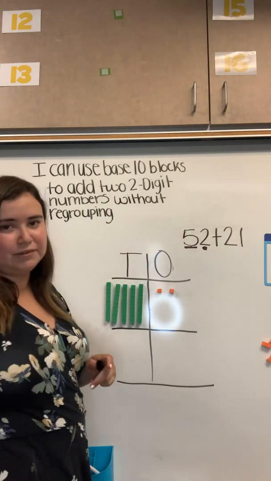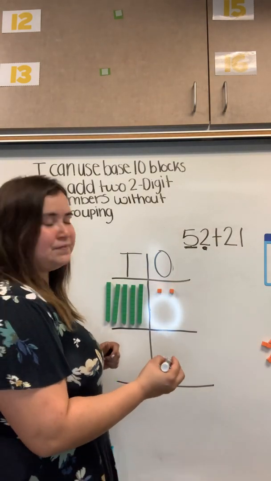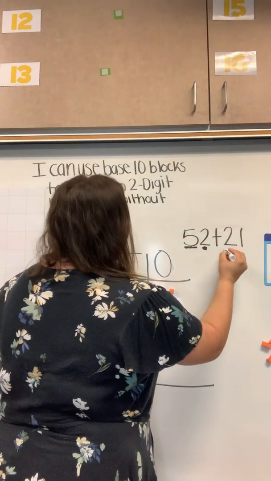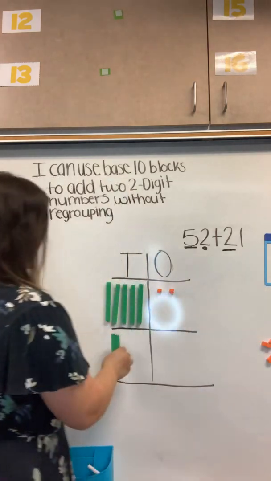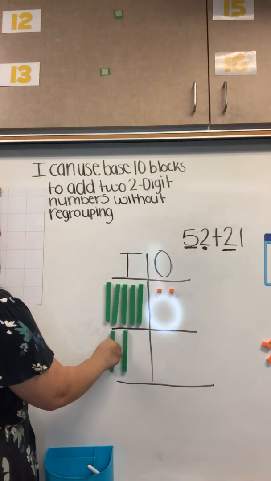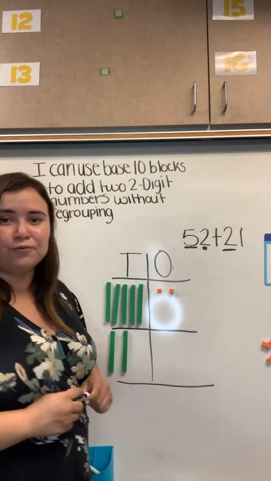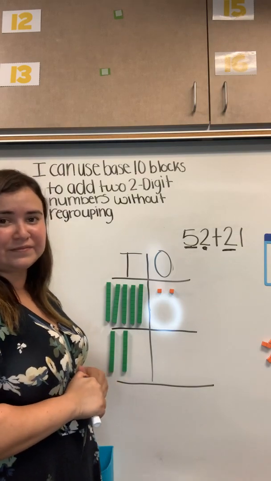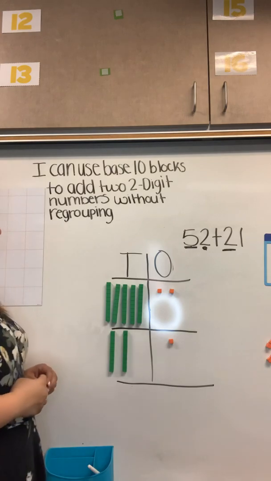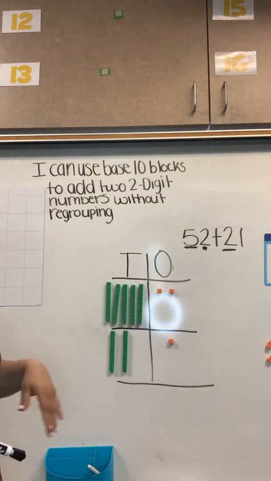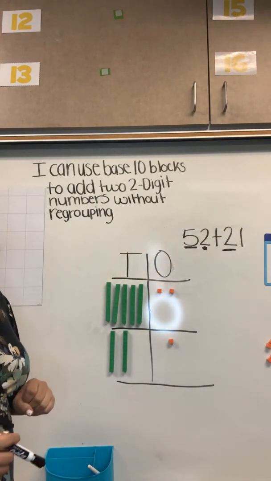How many tens do we have in the number 21? 2. Good job. So 1, 2. Then how many ones do we have? 1. Good job.